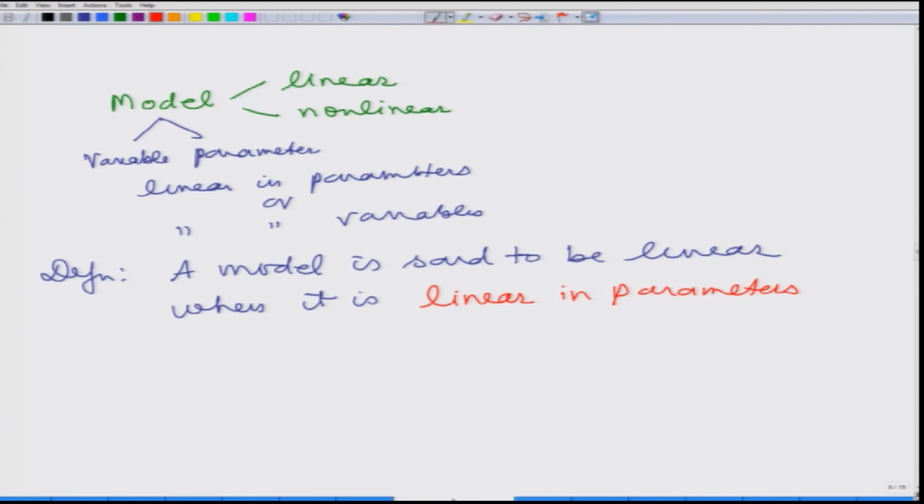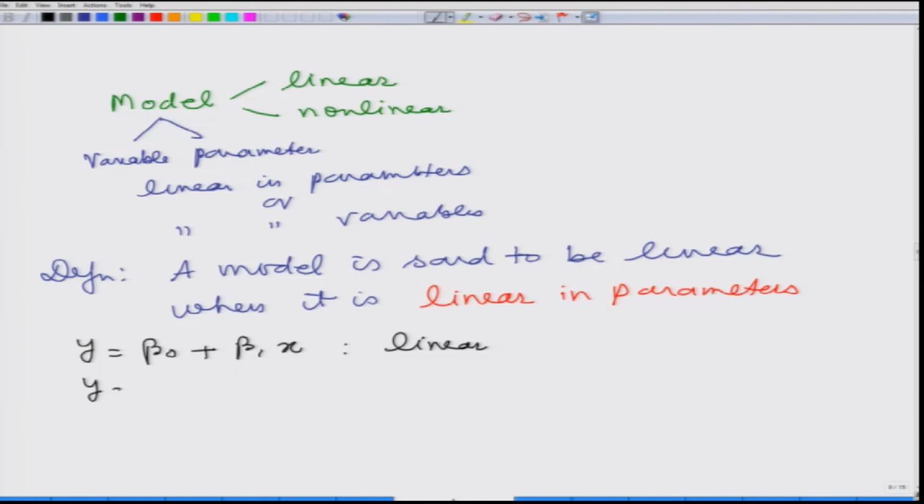Now just to illustrate it, let me take some examples. Suppose I take a model with only one input variable, something like beta 0 plus beta 1 x. Here there are two parameters, beta 0 and beta 1, and both of them have power 1. So this is going to be a linear model.